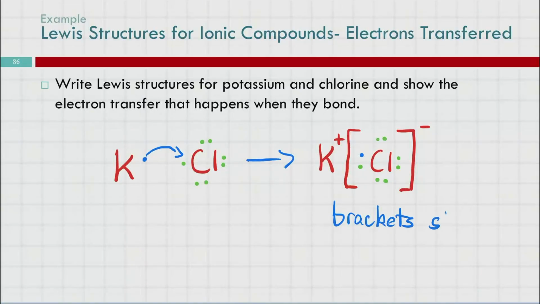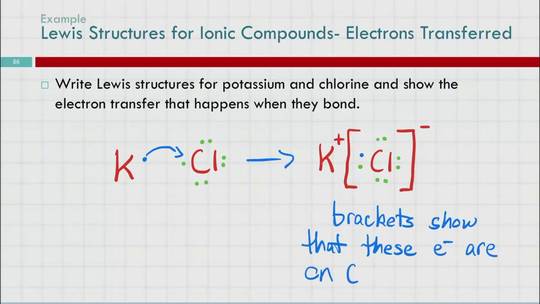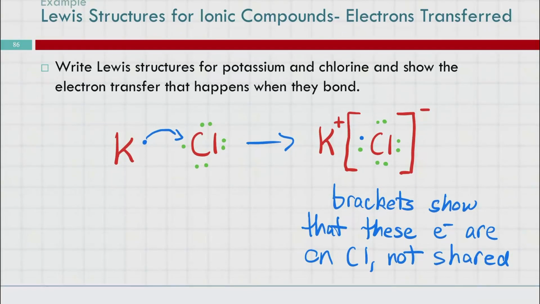So the brackets show that these electrons are only on chlorine. They're not shared. That's the little bit of notation that we were missing on the previous slide.